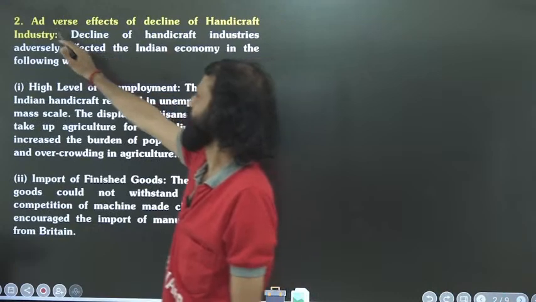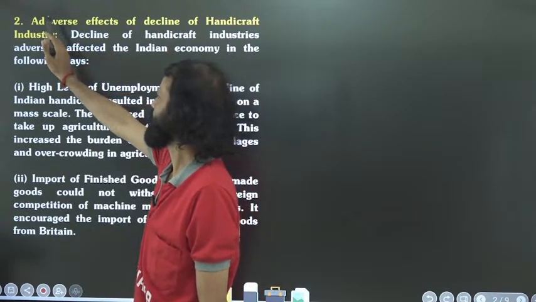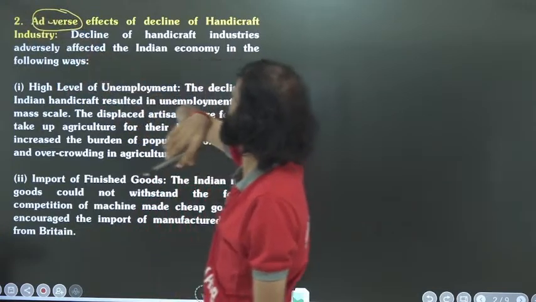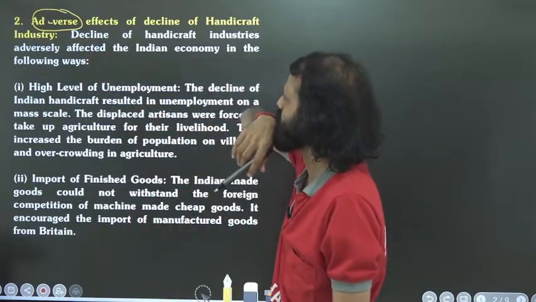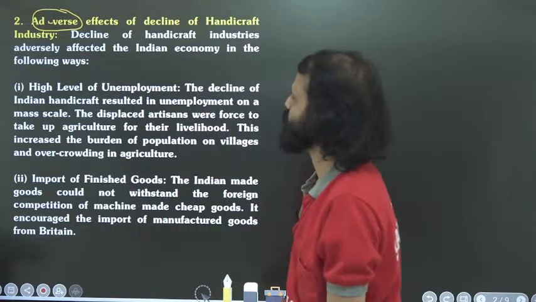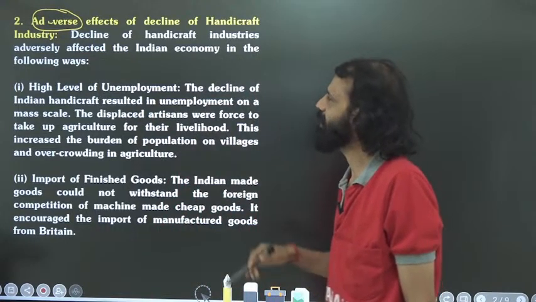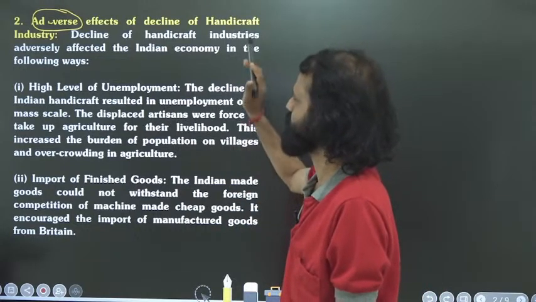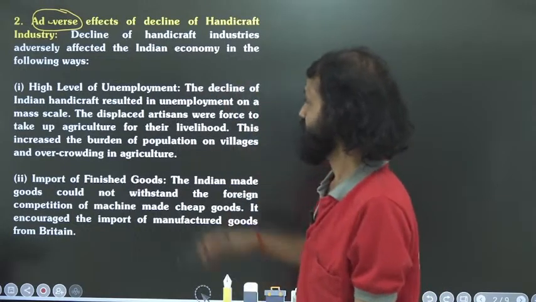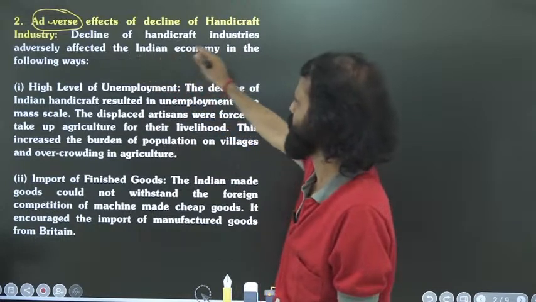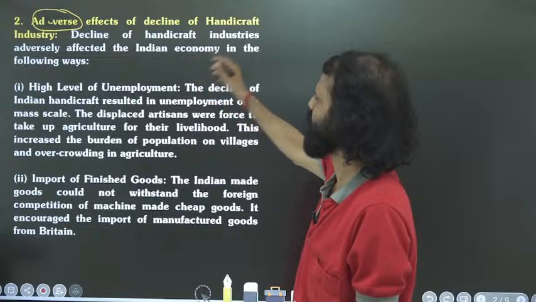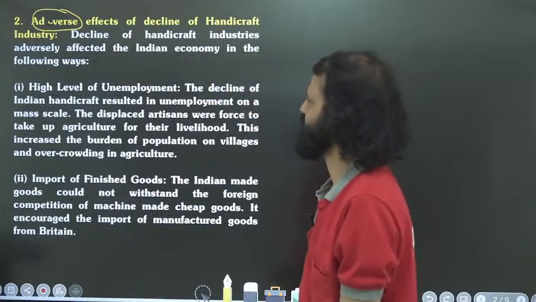Adverse effects of the decline of the handicraft industry. What are the main reasons and what made Indian handicraft industries decline? The decline of handicraft industries adversely affected the Indian economy in the following ways.